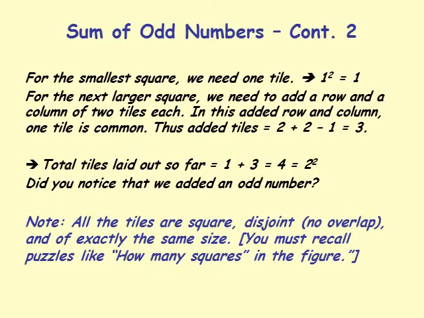Now all the tiles are square, disjoint with no overlap, and of exactly the same size. You must recall puzzles like how many squares are in a figure. All the tiles are the same size, perfect squares, laid down next to each other, adjacent, with no overlap.